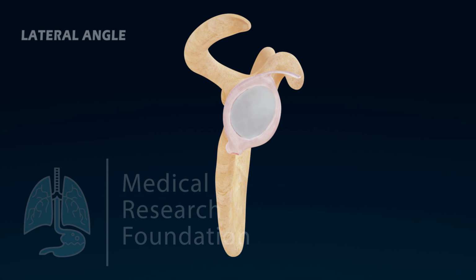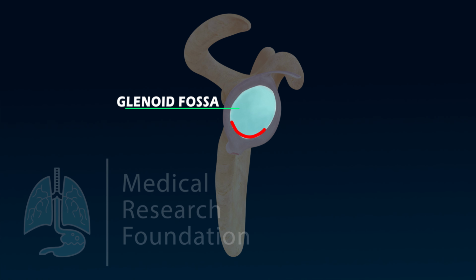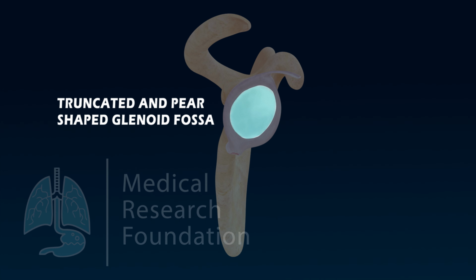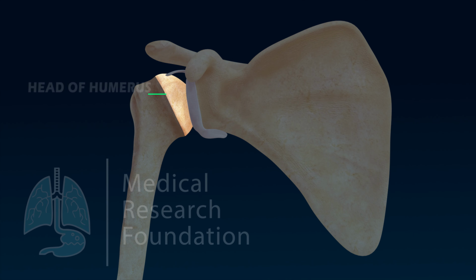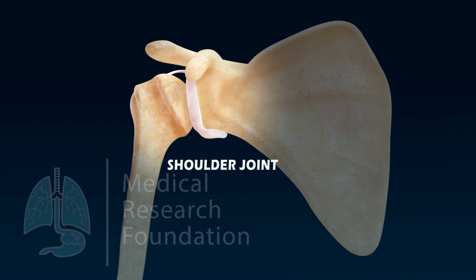Lateral angle. Lateral angle is represented by glenoid fossa itself. Glenoid fossa is truncated and pear-shaped, and articulates with the head of the humerus to form shoulder joint.